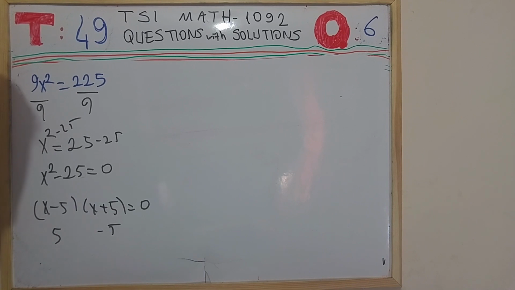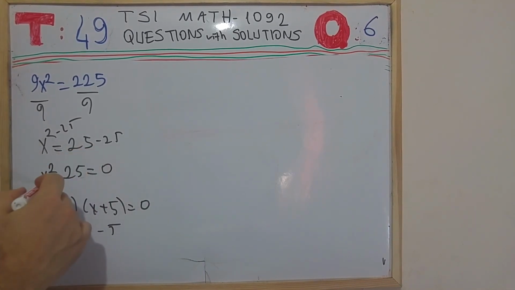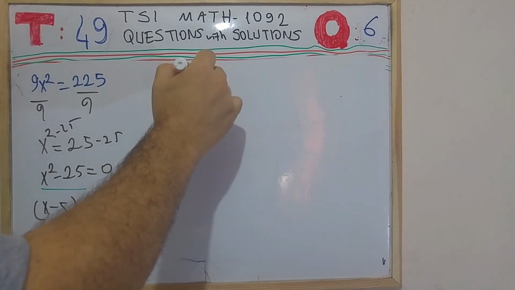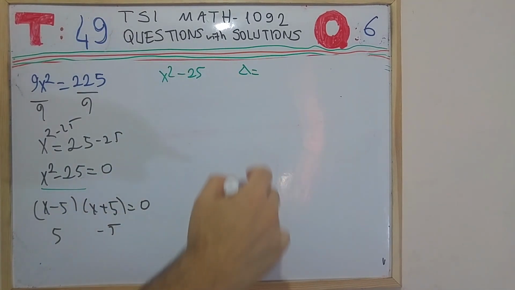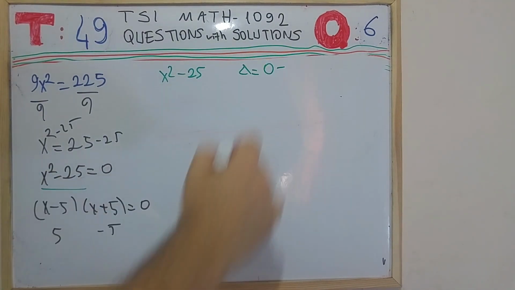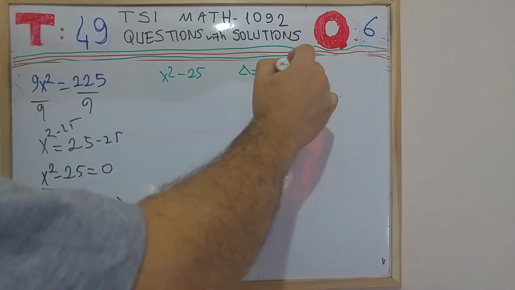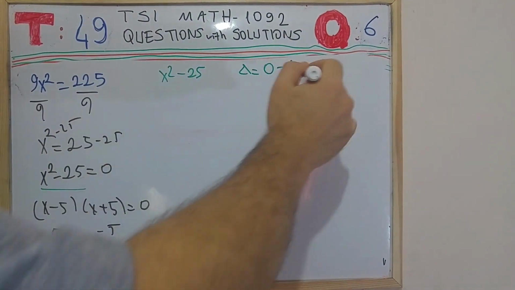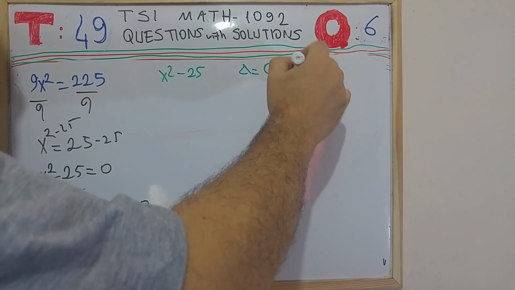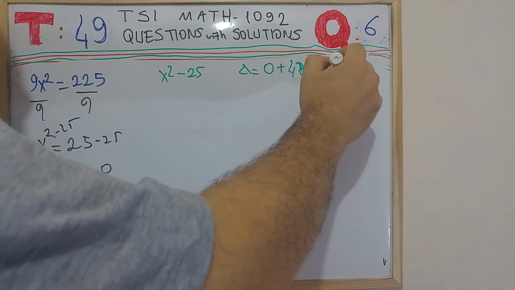Now let's do it in the longer way, the classical way. For this equation, x squared minus 25, let's find the delta value, which is equal to b squared, which is 0 since there is no b here, minus 4 times 1 times minus 25, so it's going to be plus 25, which is equal to 100.